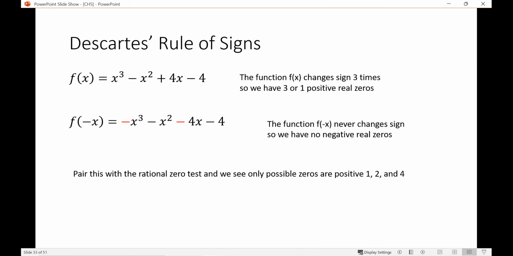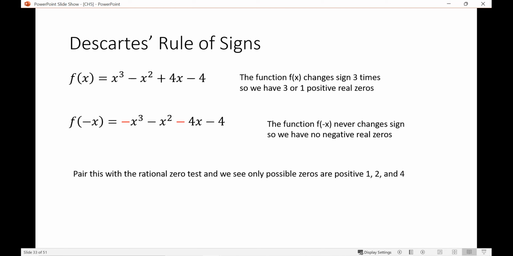If we pair this with the rational zero test, we see that the only possible zeros are going to be positive 1, 2, and 4. Because remember, the rational zero test looks at the ratio of factors of our constant term 4 divided by factors of our leading term 1.